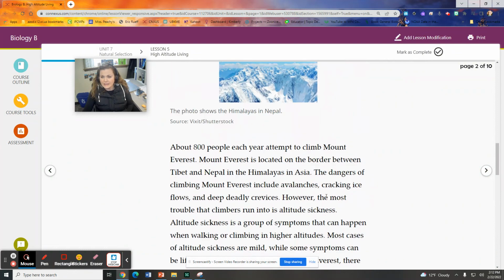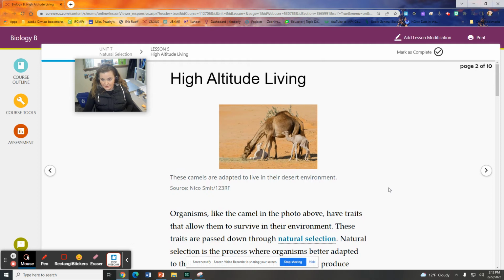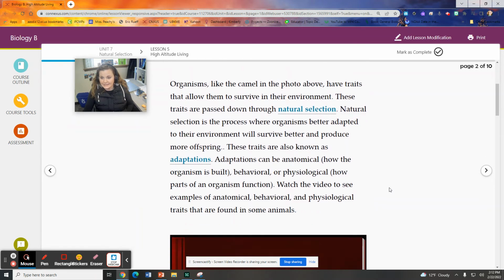One of the first things I ask in the note sheet that goes along with this is, what types of adaptations are there? They can be anatomical, how the organism is built. They can be behavioral, types of behaviors, migration, mating dances, things like that.